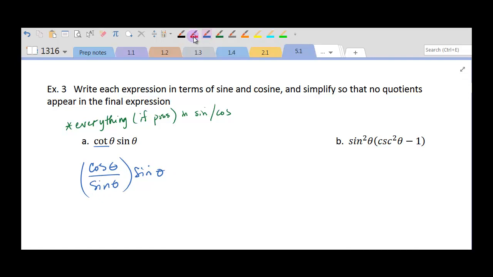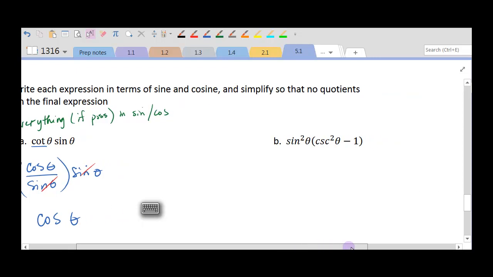So the rules of fractions in algebra still apply because I want to simplify this now. Sine theta is going to cancel diagonally, and this just leaves me with cosine theta. So that's a pretty simple example, but it gets us going in the right direction.